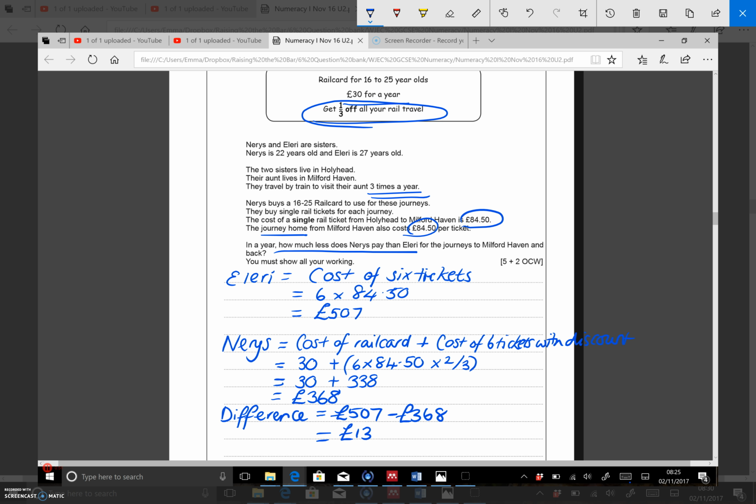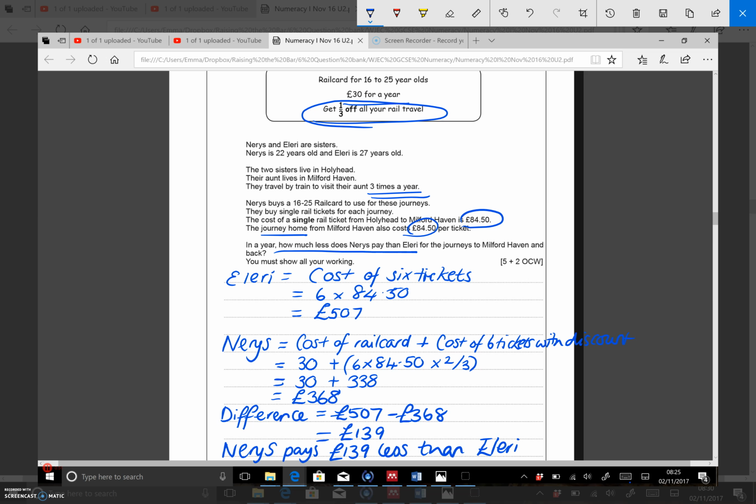So because of this written communication, I'm just going to write that down in a sentence so it's really clear at the end. I'm going to say Nerys pays £139 less than Larry. Okay, so that's the first part of the question.